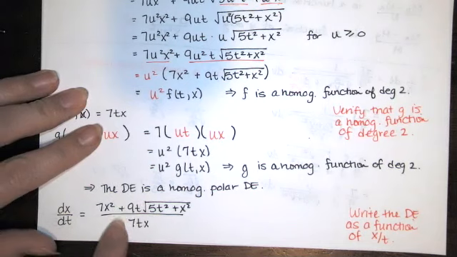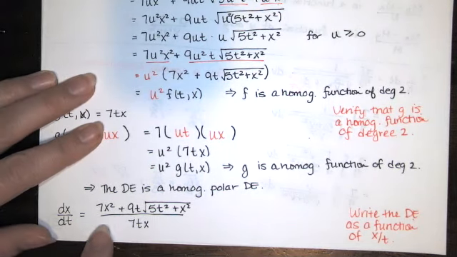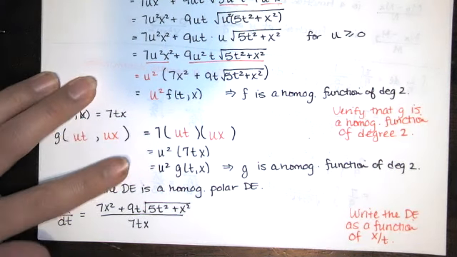So what I would recommend, since we have a monomial in the denominator, is that you take each of these terms and divide it by 7 times t times x.